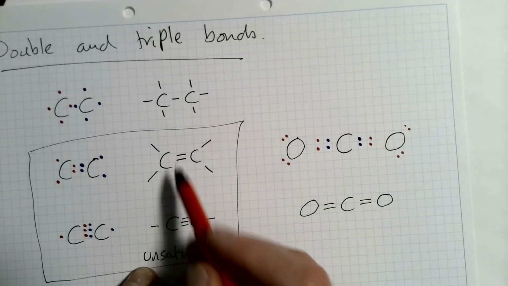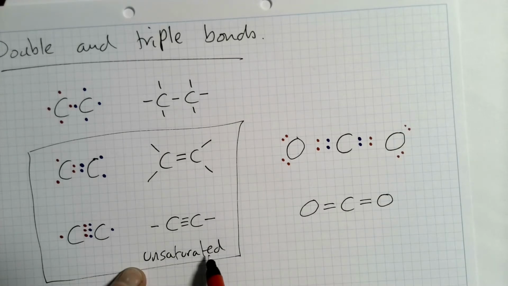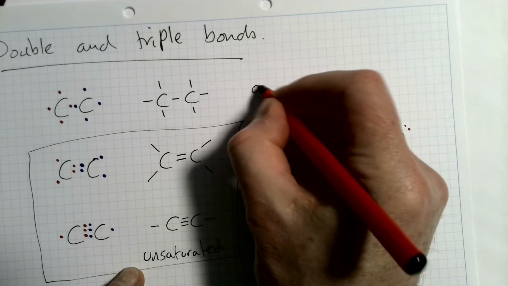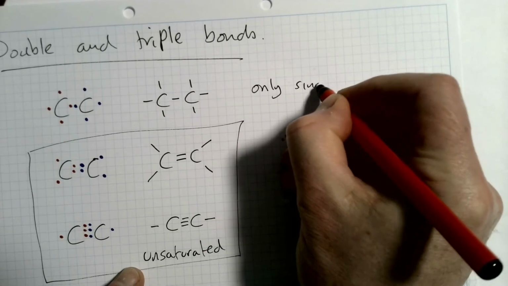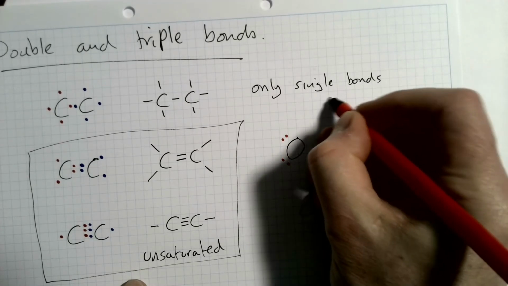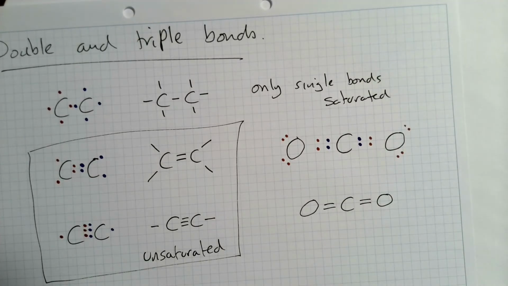Any organic molecule that has a triple bond or a double bond in it is called unsaturated. Whereas if there's only single bonds, it is saturated. It basically means you can't get any more atoms in.